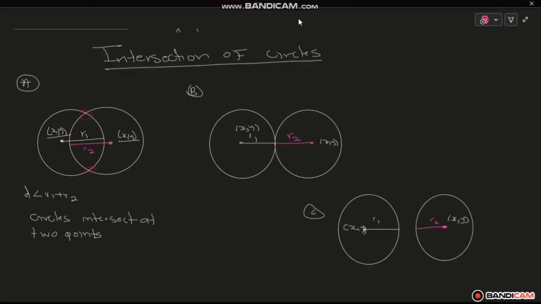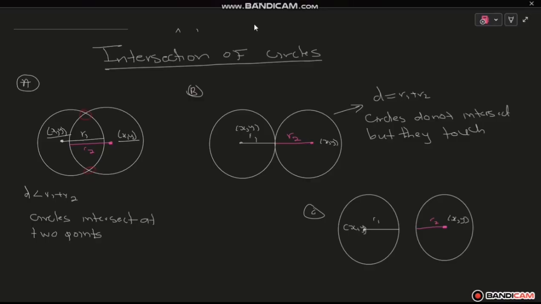Then option B, I'm going to write it over here. So you're going to find the distance. Then if the distance is equal to the sum of R1 and R2, it means that the circles do not intersect, as you can see, but they touch, right?